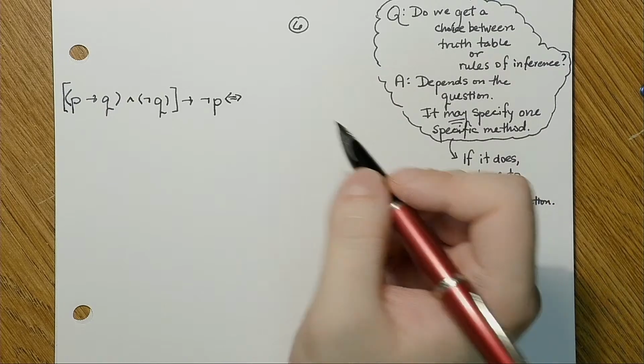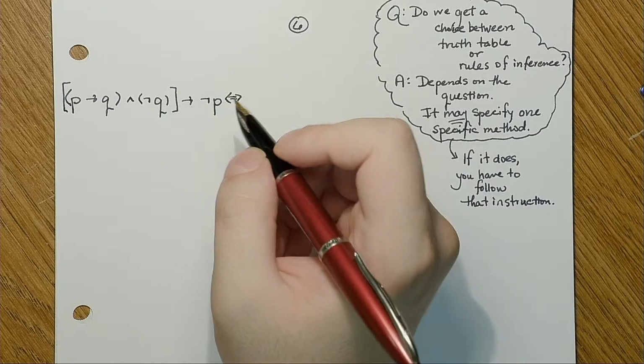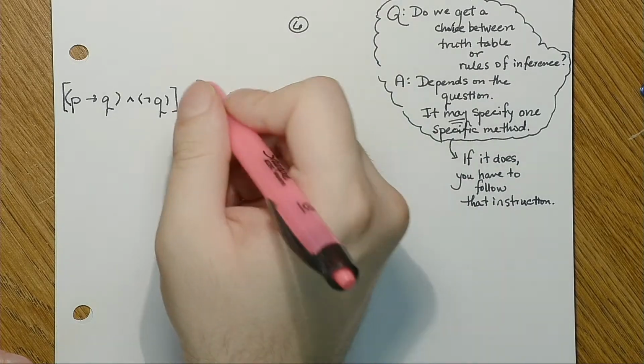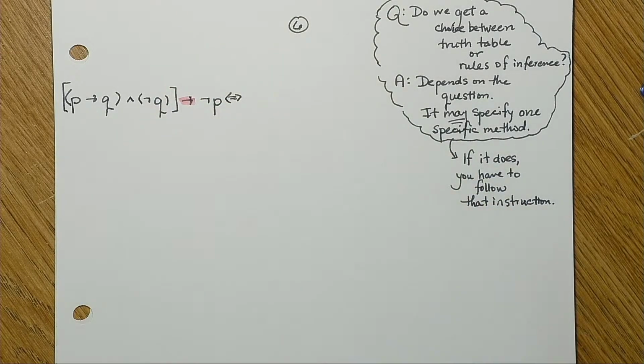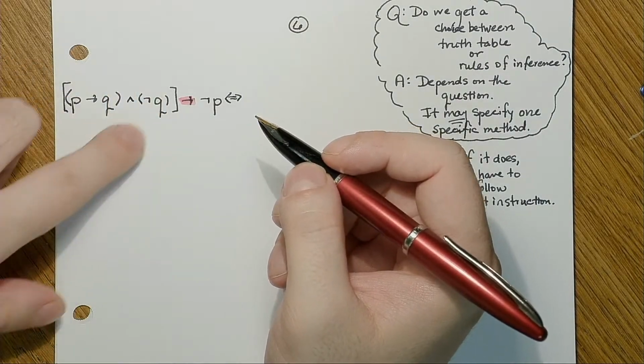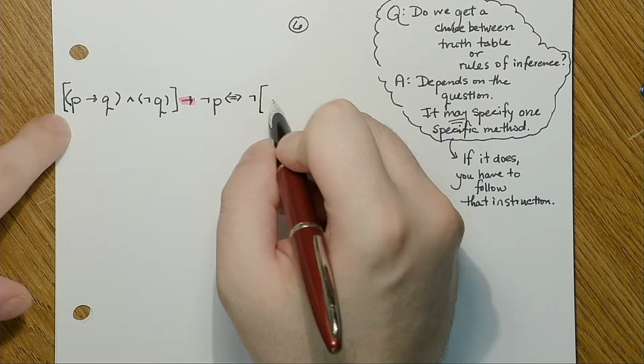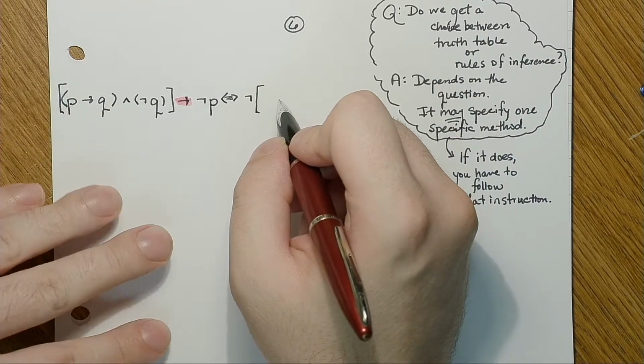Okay, so this is logically equivalent to, which one are we going to do first? We'll get rid of this implication first. So I'll treat this as one big proposition. So I have not all this stuff inside here.